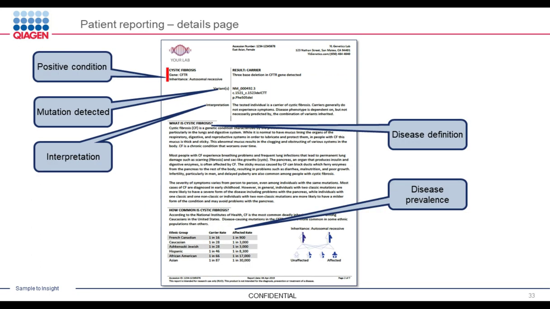And this is the summary page. If you go into the variant details page, it again reiterates the condition, the mutation detected, and what the interpretation of that mutation is. For diseases that are more obscure, there's a disease definition as well as the disease prevalence.